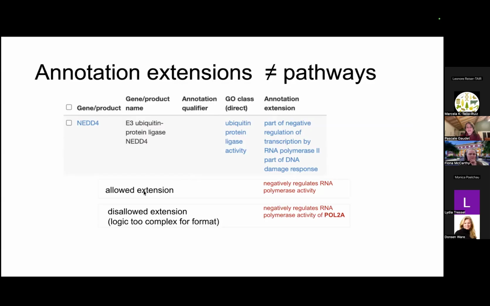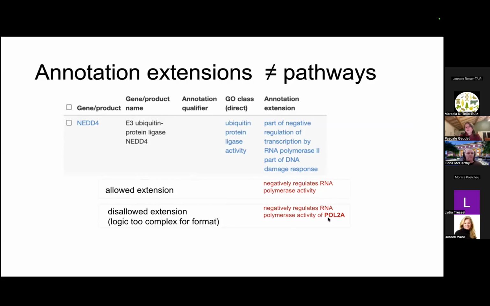And so, if you want to have a pathway, you want to link together multiple activities. And so here you can say that the ubiquitin ligase activity negatively regulates an RNA polymerase activity. So this is allowed in this data model. However, you cannot name which gene it affects.